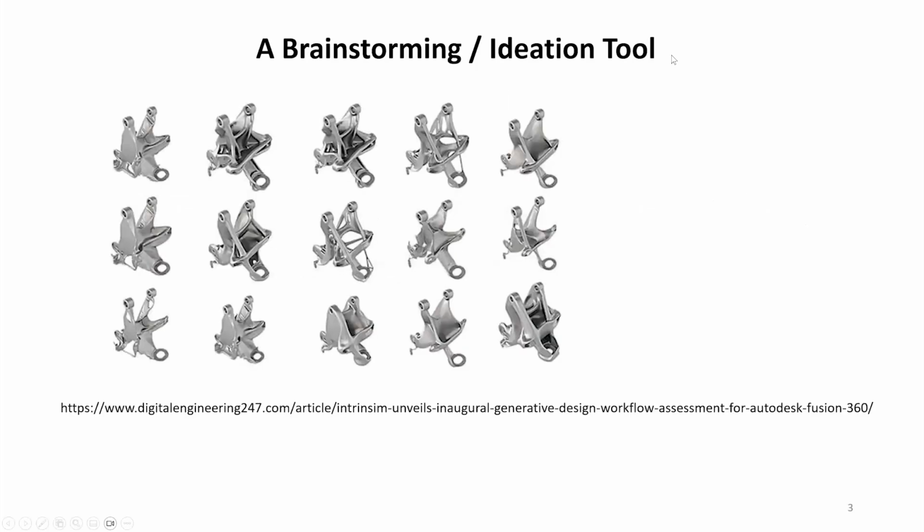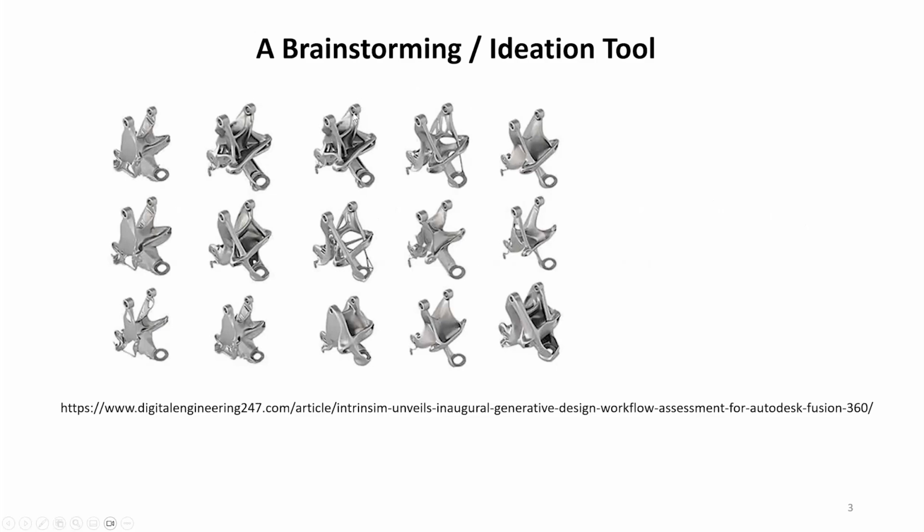So this picture I've shown many times. This is the picture that gave me the shock a few years ago, way before GenAI came about. This is a generative design that was created by Autodesk Fusion 360. If you look at the similarity in all these designs, the user probably told the computer software what to do.